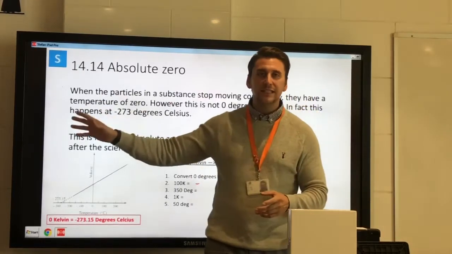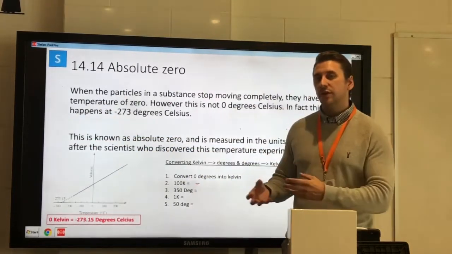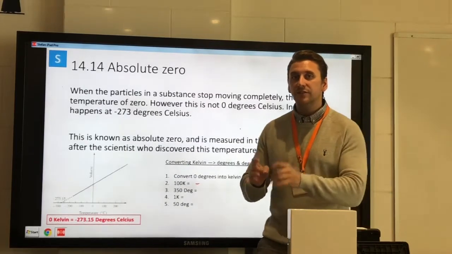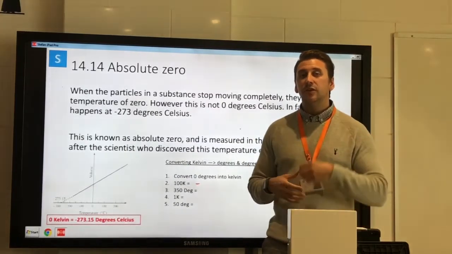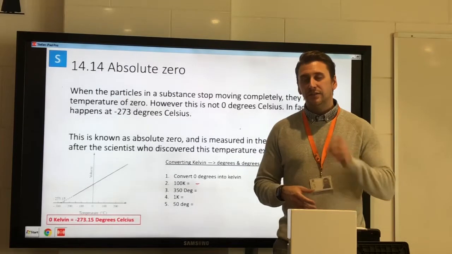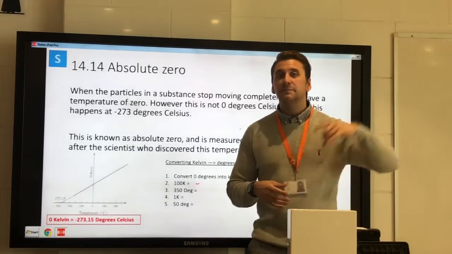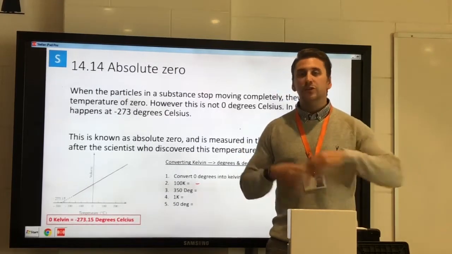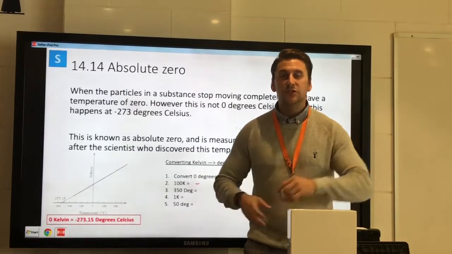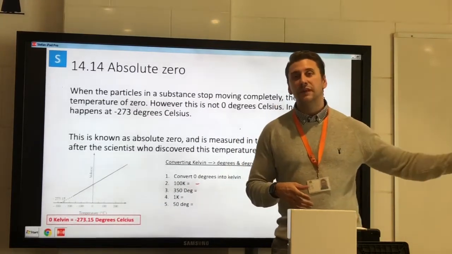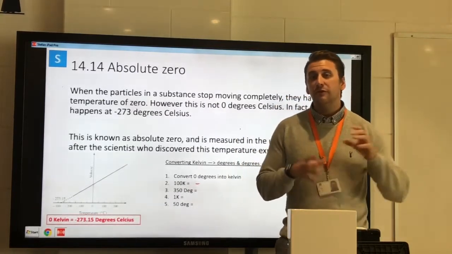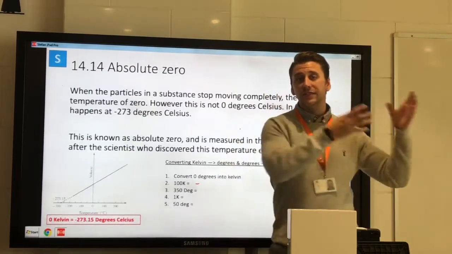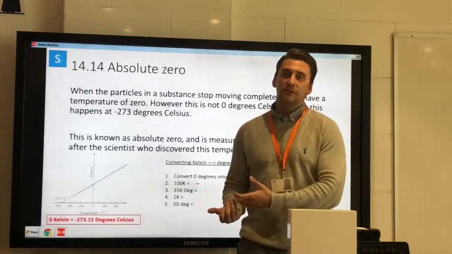There's no such thing as negative Kelvin. If you want to turn the temperature from degrees Celsius to Kelvin, then you add 273. So 0 degrees Celsius is plus 273 Kelvin. 20 degrees Celsius is 293. You add 273, 293. If you want to go from Kelvin to degrees Celsius, you subtract 273.